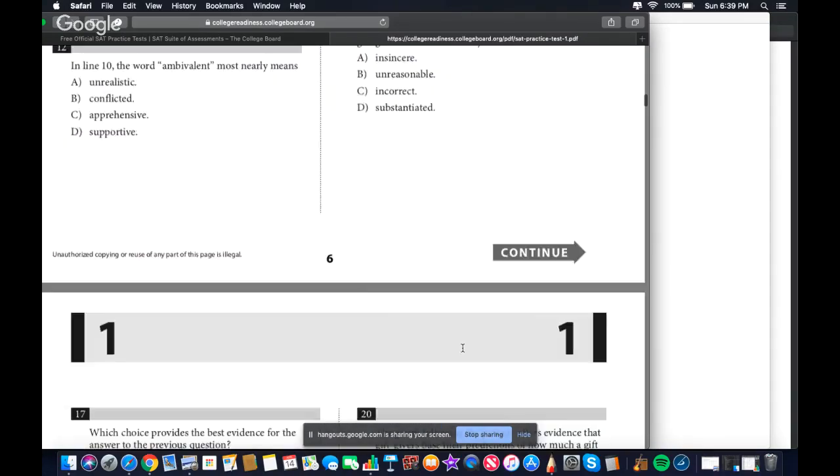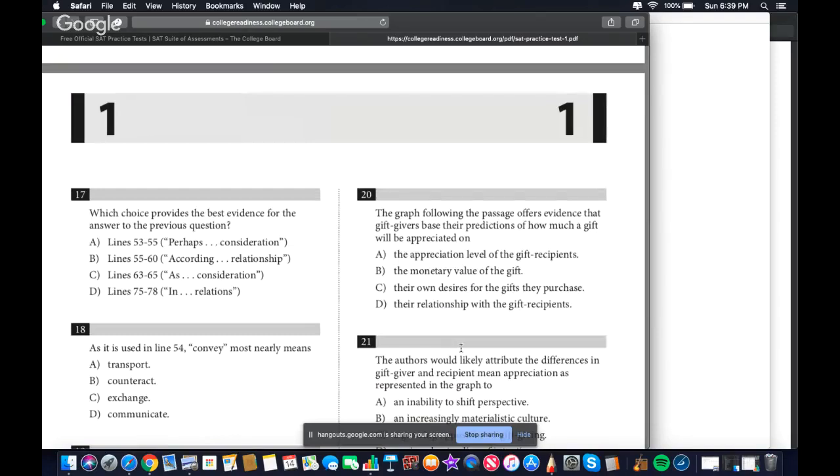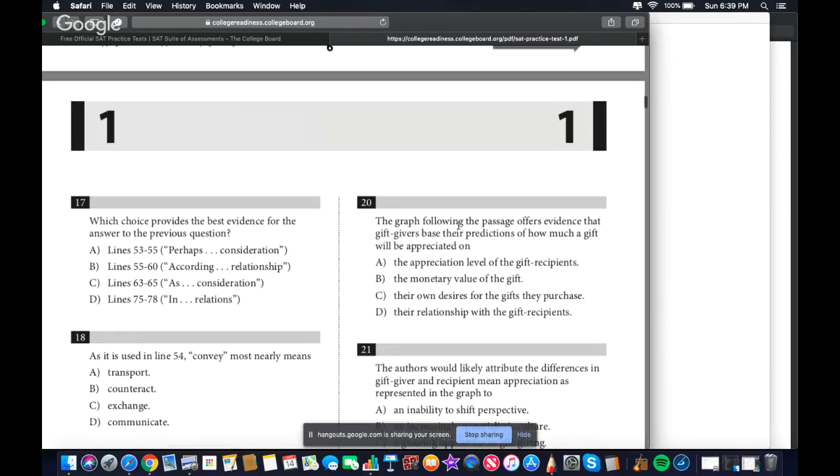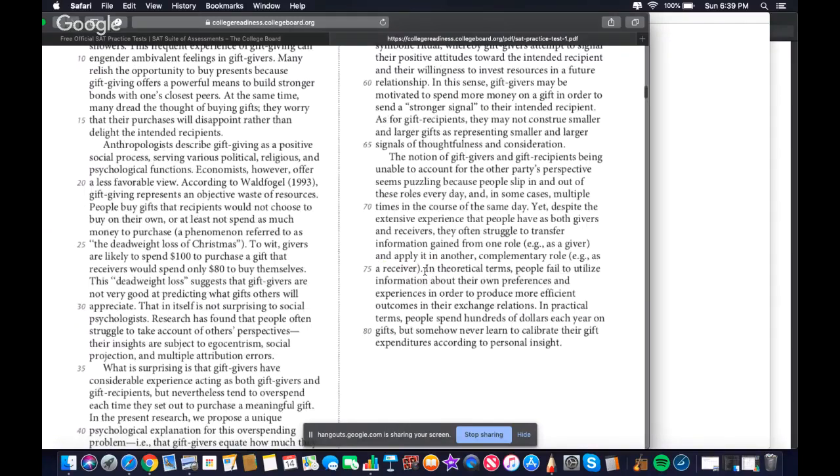And so I'm going to stop there, because I think the rest of these, or the last set, let's just read it, 75 to 78. I think this is a good one to look at because it looks really fancy. It uses all this technical information. Fail to utilize information about their own preferences. Theoretical terms, right? So those answers are less likely to be correct because they're super technical sounding.